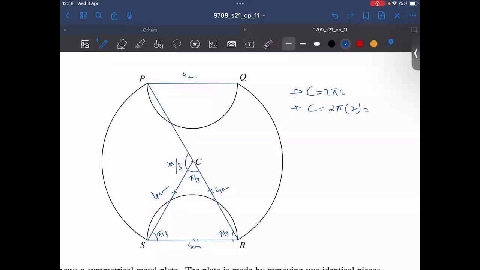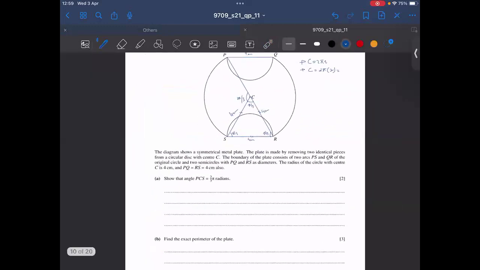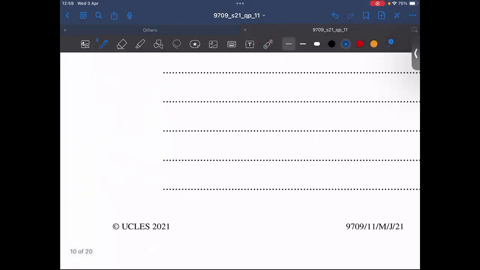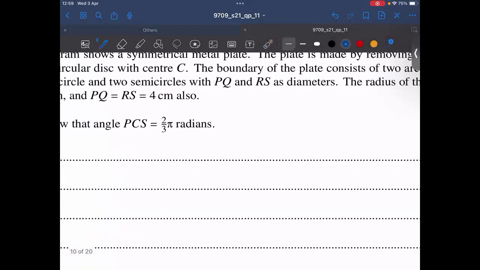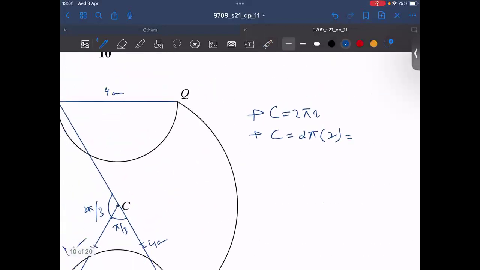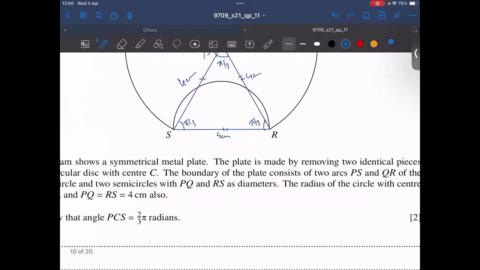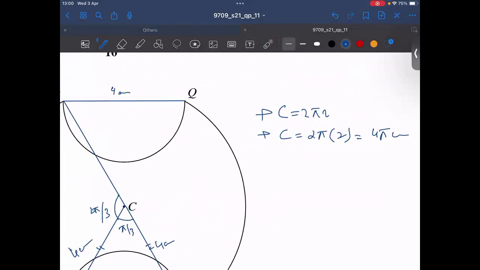So 2 pi times 2 is 4 pi. We need to leave the answer in exact form, so we're not going to write the value in decimal. I'm just going to write down 4 pi centimeters.